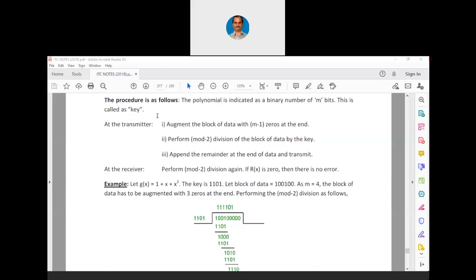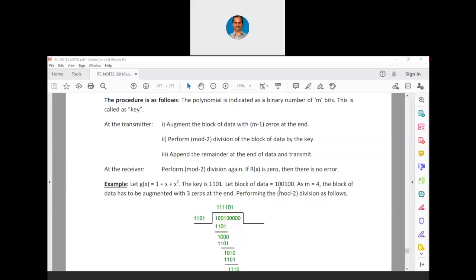Now the transmitter augments the block of data with m-1 zeros at the end. You can see here I have an example. The block of data is 100100. This is the data, which is 6 bits. We will have to obtain the check bits for this.